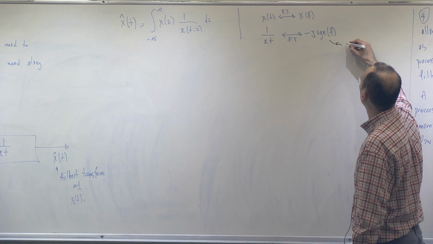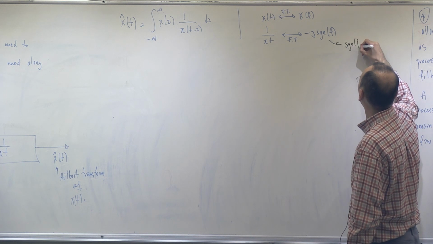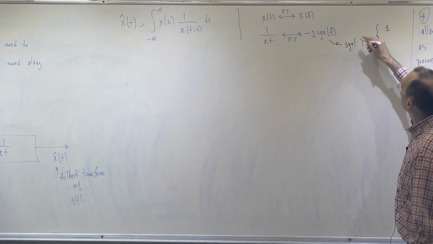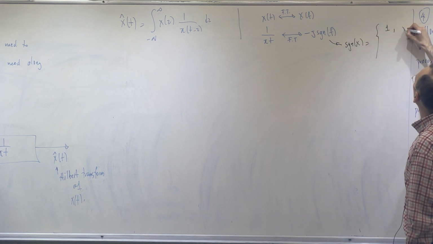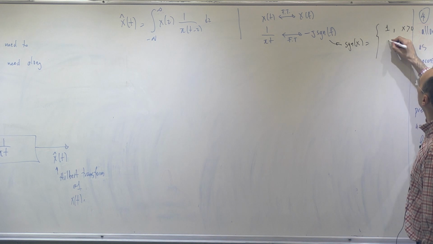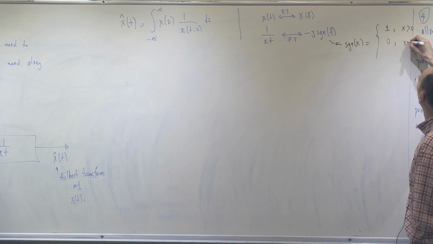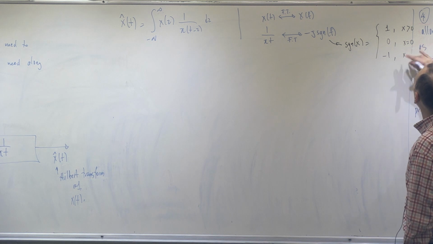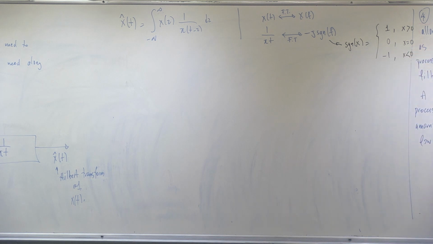So this is the signum function. Signum of x: if x is greater than 0, it is 1; at 0, it is 0; and if x is less than 0, it is minus 1. So as you see, it's a very unique kind of operation.